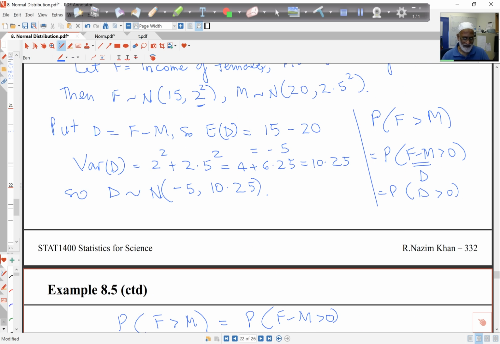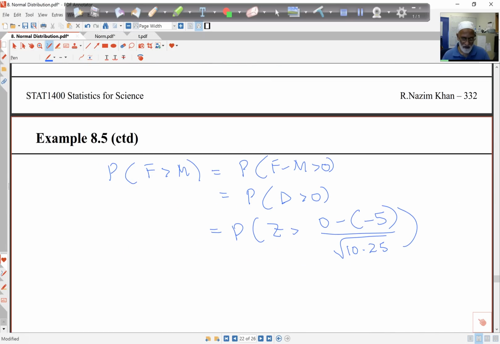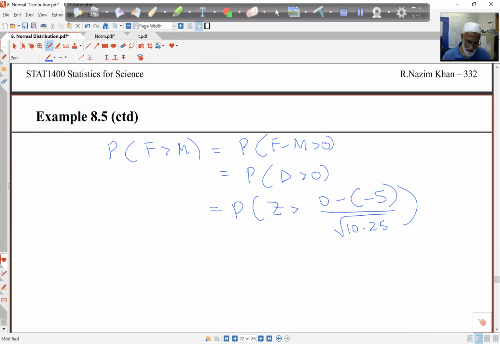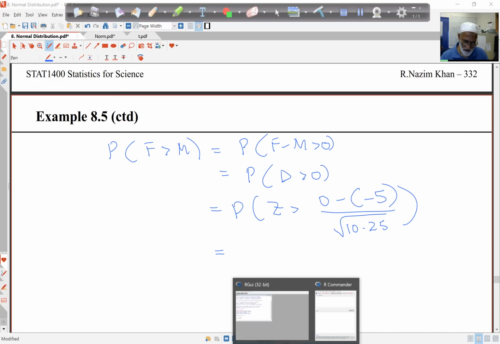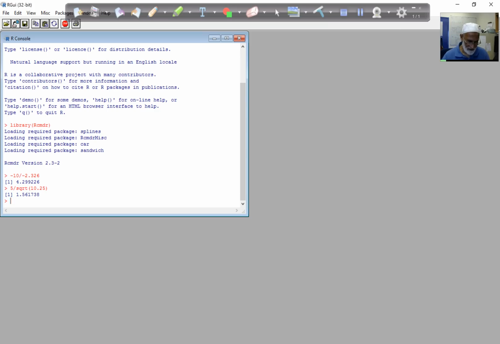Be careful. In this case, the variances add, not the standard deviations. The variances add. So if I work out this number here, and this is 0 minus -5, that becomes 5 on the top of the square root of 10.25. I can use R for this. So I got 5 divided by square root of 10.25, and I get 1.56.